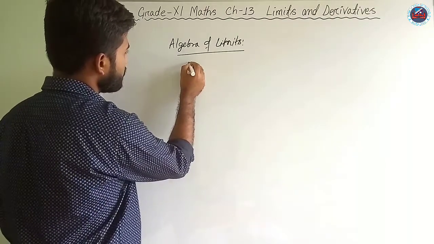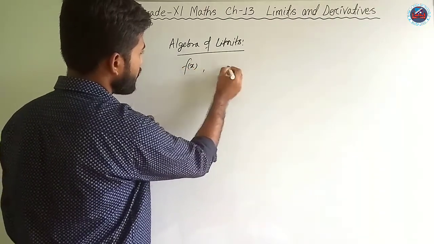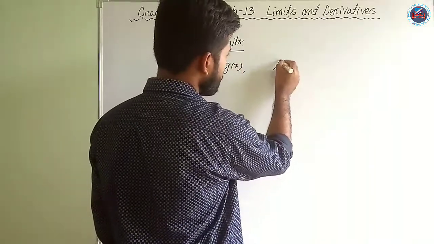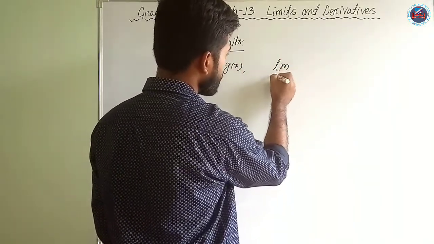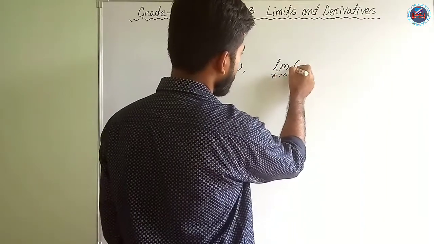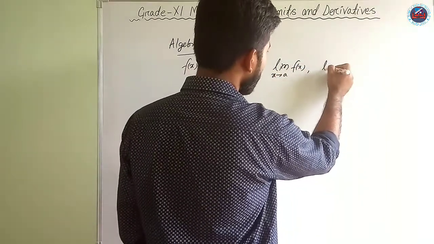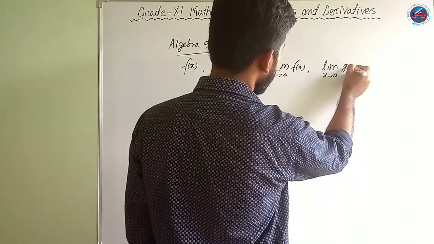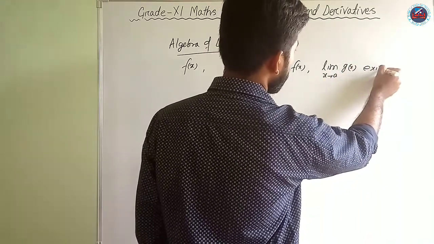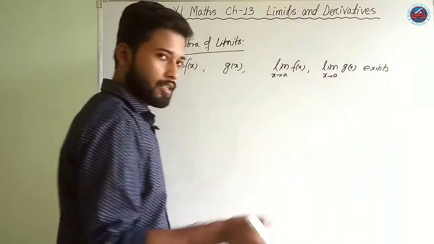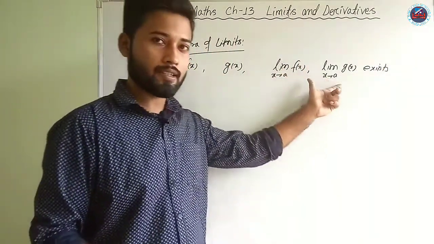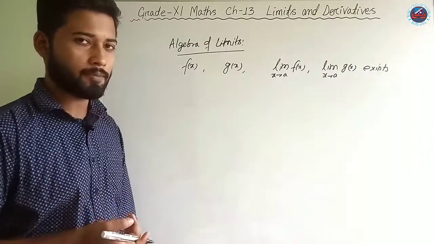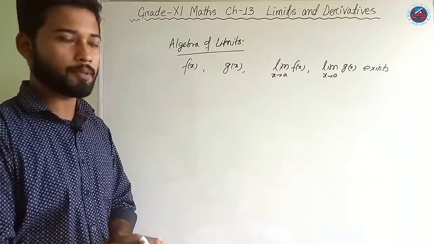Say we have a function f of x and another function g of x, and let us say the limit as x tends to a of f of x and the limit as x tends to a of g of x exist. So the first condition is that these two limits must exist. If they exist, then we can find the addition and multiplication properties.